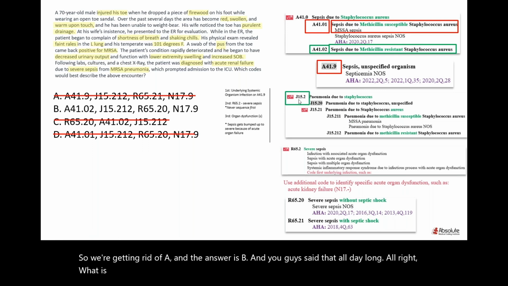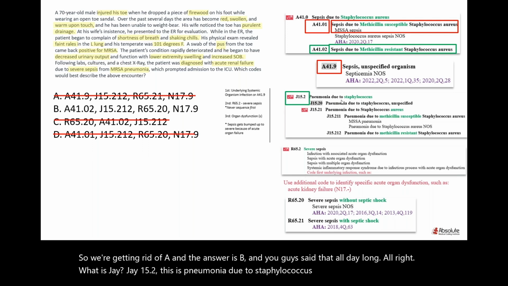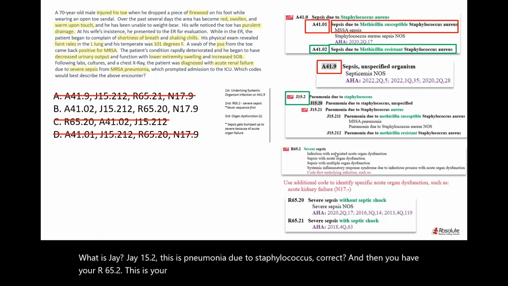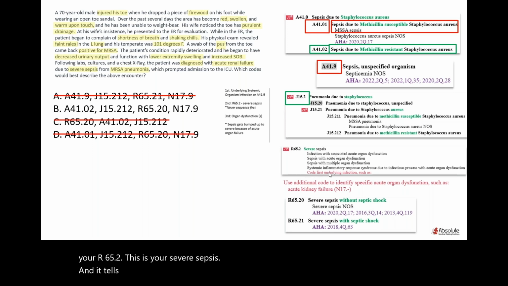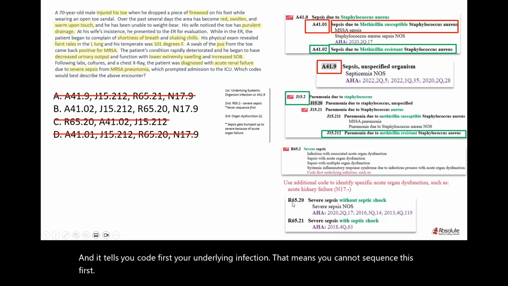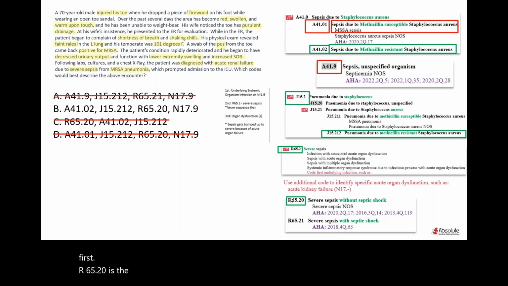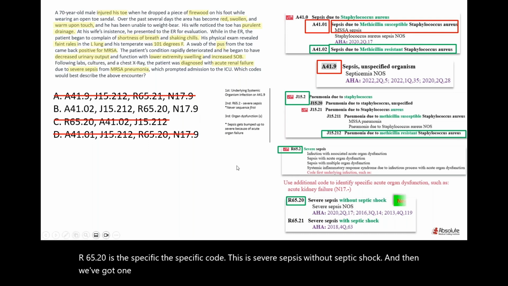All right, what is J? J15.2, this is pneumonia due to Staphylococcus. Correct. And then you have your R65.2, this is your severe sepsis. And it tells you code first, your underlying infection. That means you cannot sequence this first. R65.20 is the specific code. This is severe sepsis without septic shock. And then we got one more code, this N17.